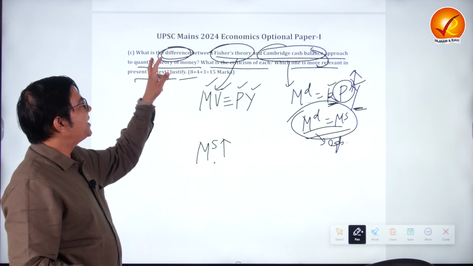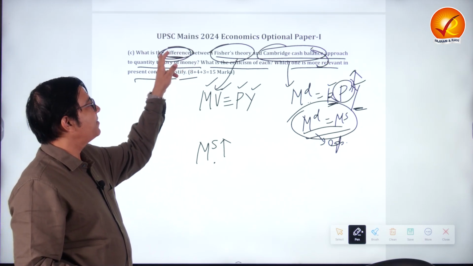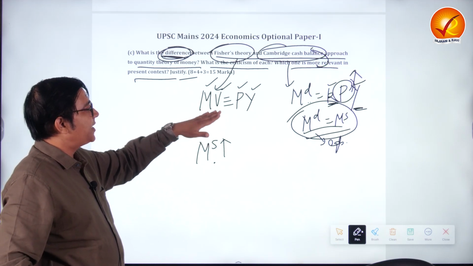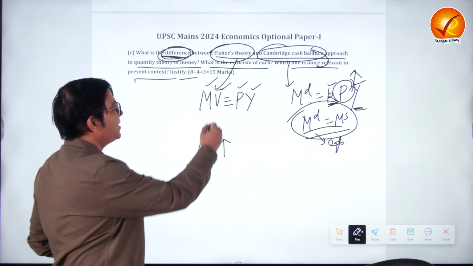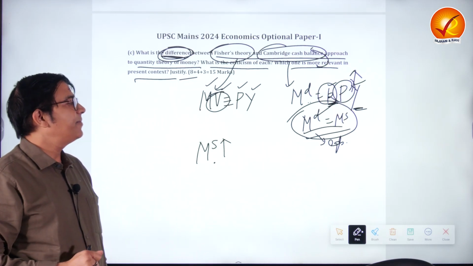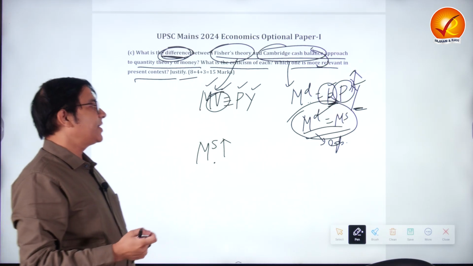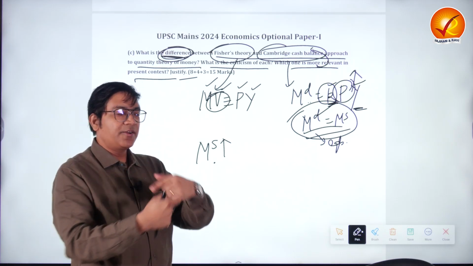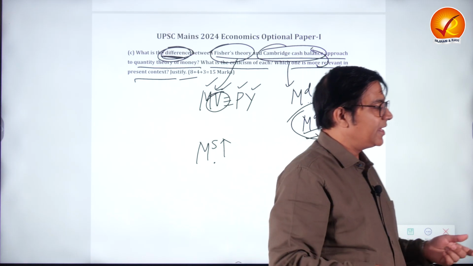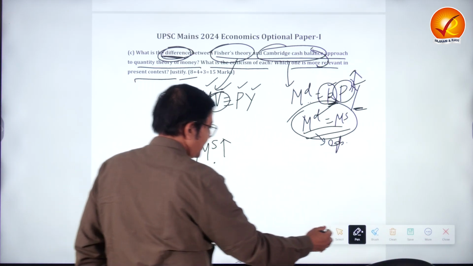But keep in mind, everywhere they are asking about difference mainly. So don't write each and everything; write more of those parts which are different. Like here they talk of velocity, here they don't talk about velocity. They talk about a behavioral component K. But then finally K and V are also interrelated, so that is why they are also somewhat similar.